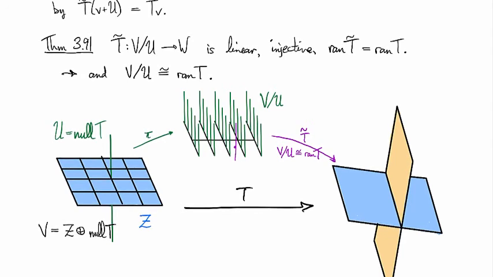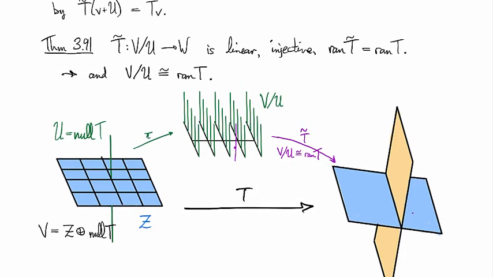So there's going to be a one-to-one correspondence between the points over there and the points over here in the blue plane.